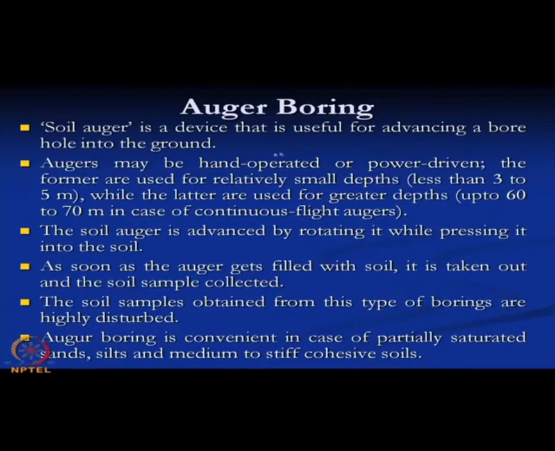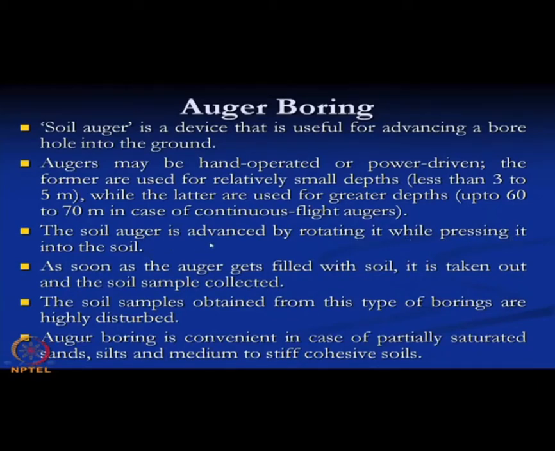Now, an auger may be hand operated or power driven. The hand operated augers are used for relatively small depths, less than 3 to 5 meters, whereas the power driven ones are used for greater depths, up to 60 to 70 meters in the case of continuous flight augers. The soil auger is advanced by rotating it while pressing it into the soil.